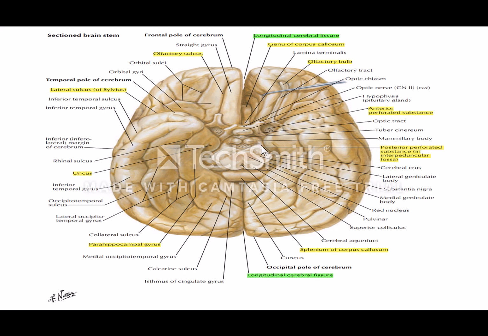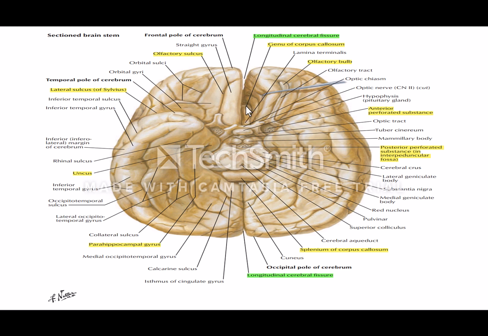So this is the inferior view, which gives us a decent inferior view of the cerebral hemispheres. So that's our uncus, that's our parahippocampal gyrus. That's our longitudinal fissure, the posterior part of the longitudinal fissure, the anterior part of the longitudinal fissure.